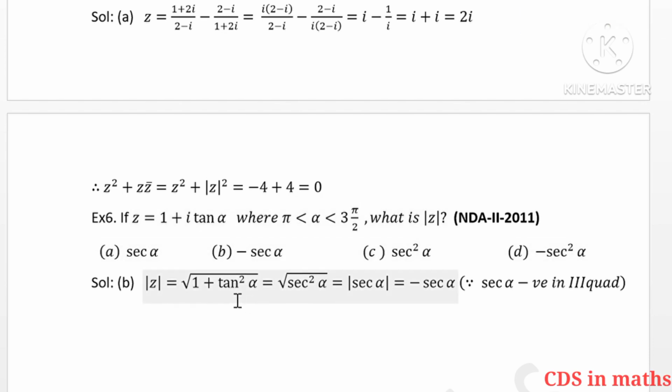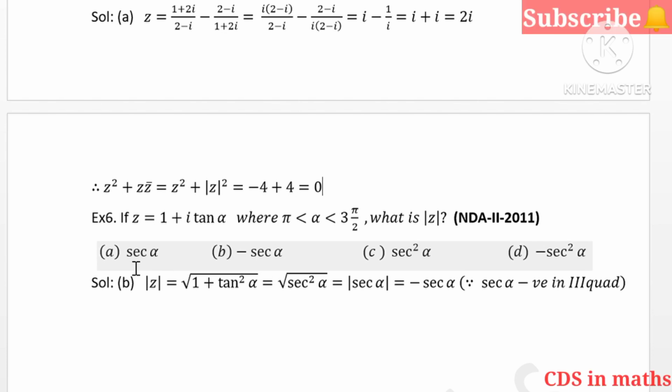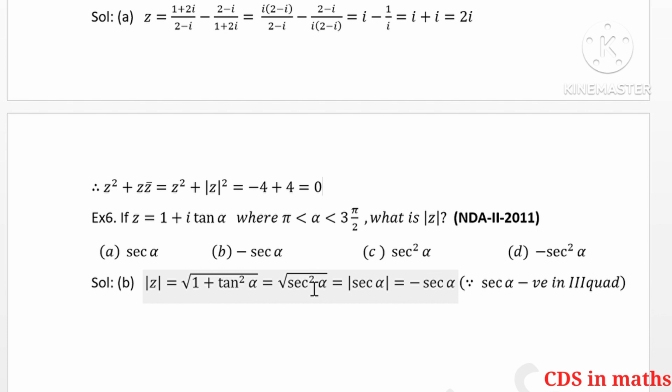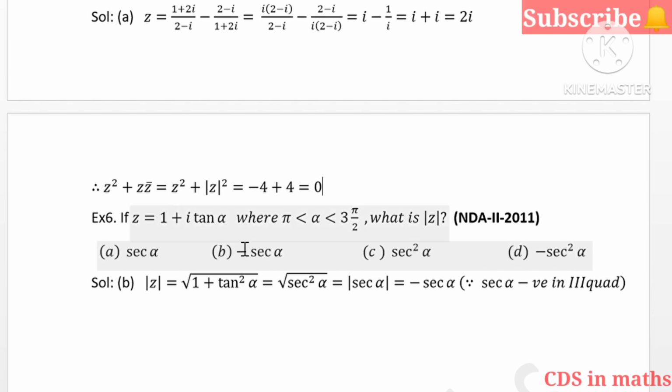Then what is mod of Z? So let's see, as Z is in a plus ib form, I can find its mod. Root over of real part square, 1 square 1, plus tan alpha square. 1 plus tan square is sec square, and under root sec square is sec x. You see they have given the sec x option. Many boys will make mistakes simply giving sec x.